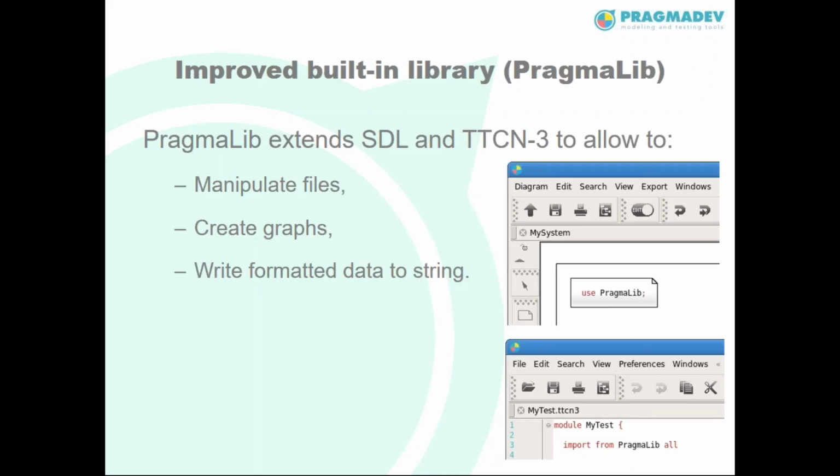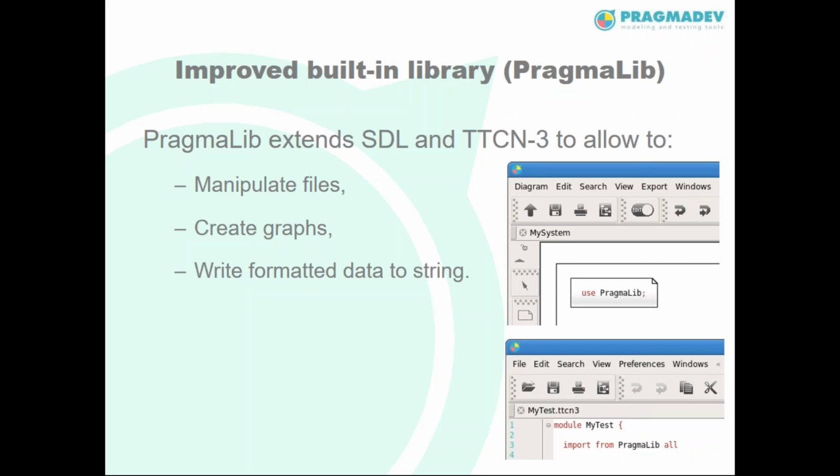Another feature is an improved built-in library, PragmaLib. PragmaLib was introduced in a prior version of PragmaDev Studio and allowed users to manipulate files and create graphs in both the modeling language and the testing language, that is in SDL and in TTCN3.